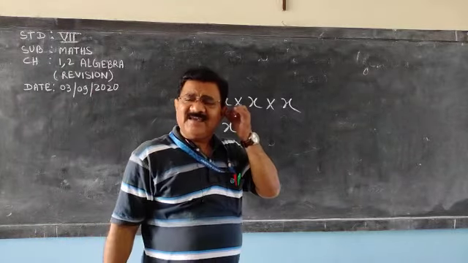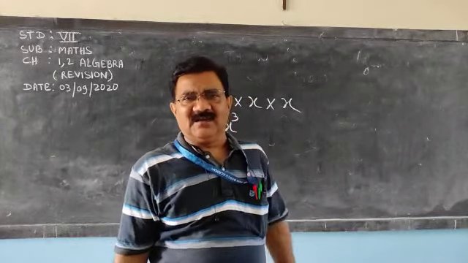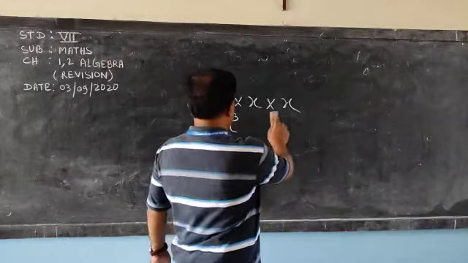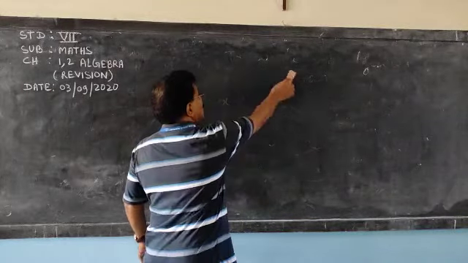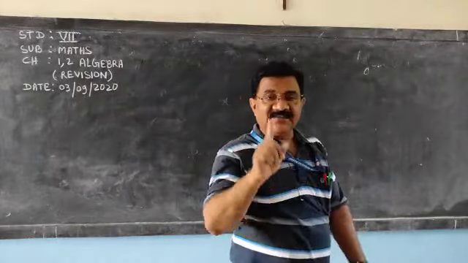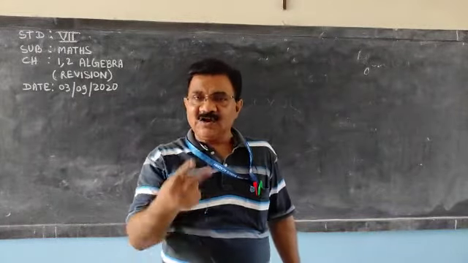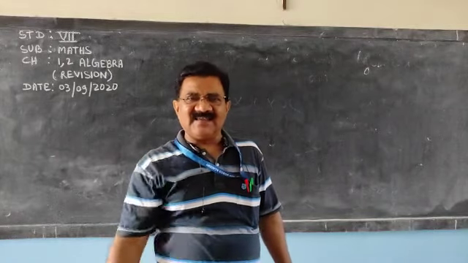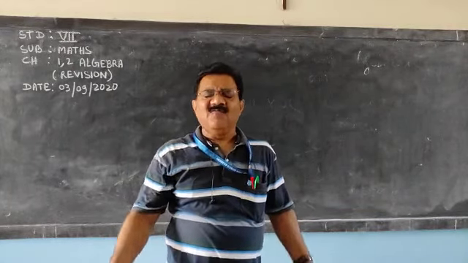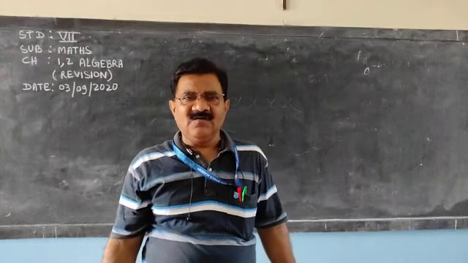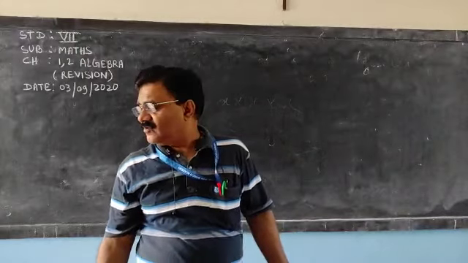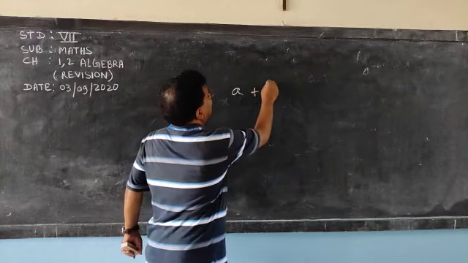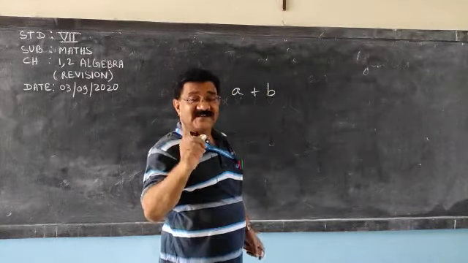Dear children, monomial, binomial and trinomial we have already discussed. If one term is there, monomial; two terms are there, binomial; three terms are there, trinomial; more than three, we can say polynomial. If I am writing a plus b, then how many terms are there?